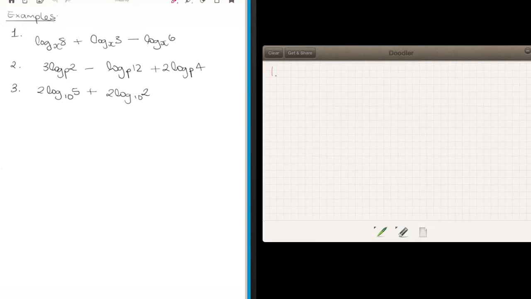So the first one, I'll write that big. So you have log of x base x plus log of x 3 minus log x 6.